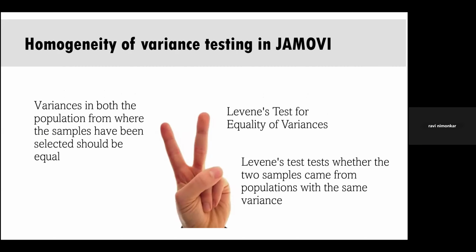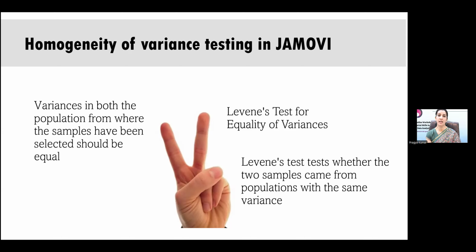What do you mean by equal, ma'am? Remember, you will have two separate populations, and variances will differ. But by default, if you see Jamovi, unequal variances, they check that it can be the same or it can be different also. It depends on the population.